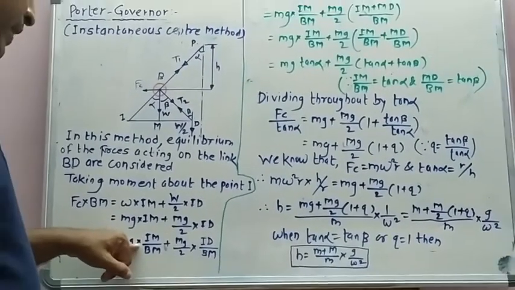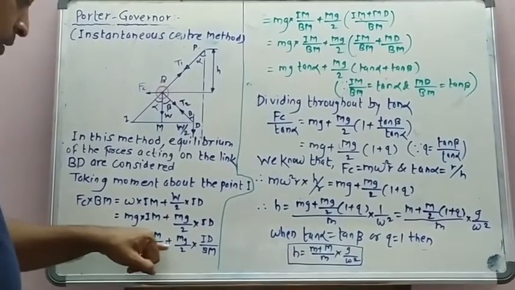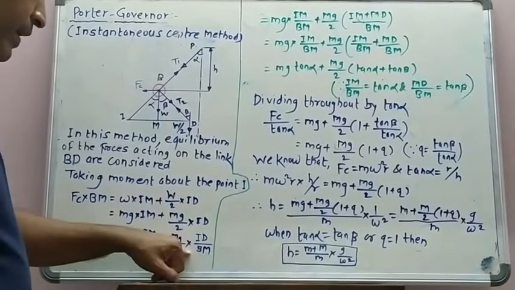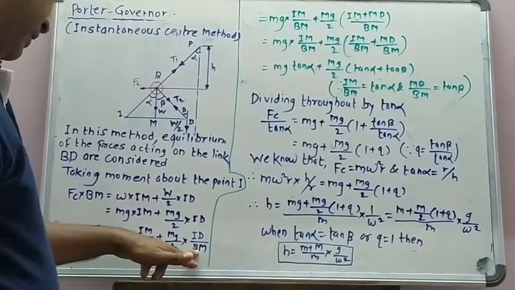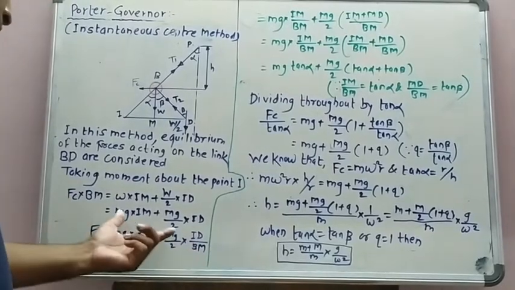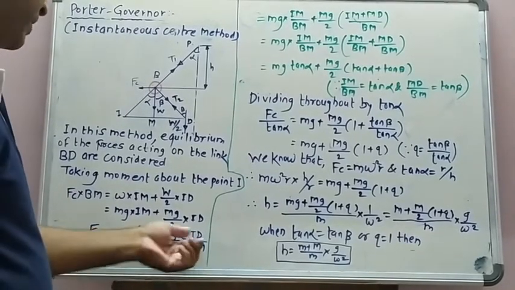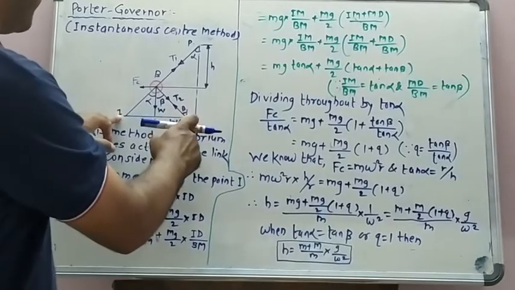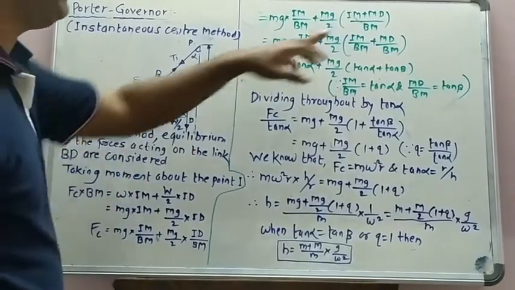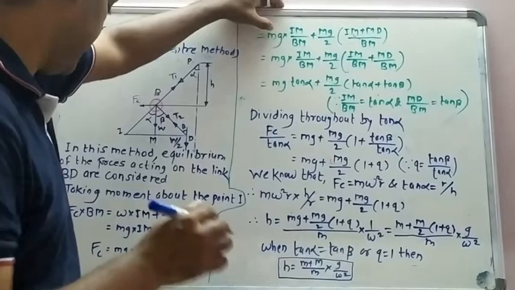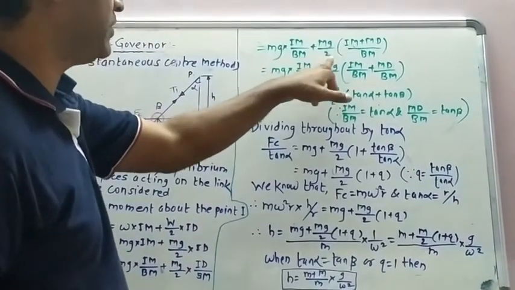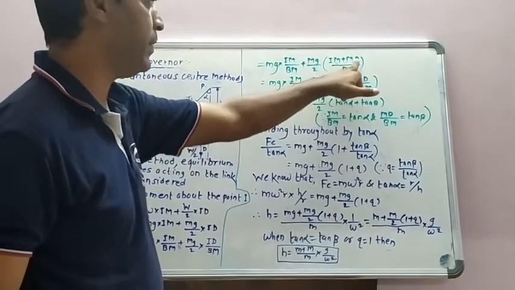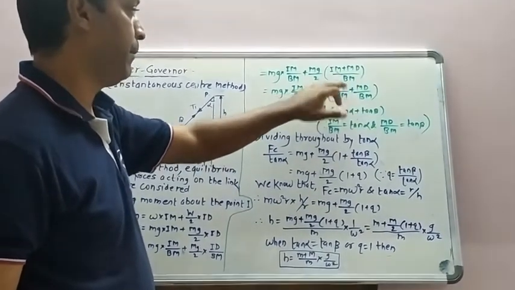So mg multiplied by Im divided by Bm plus Mg by 2 multiplied by this ID divided by Bm, which also comes here in the denominator. Now for further simplification, we know this ID is nothing but Im plus MD in this way. So mg multiplied by Im by Bm will remain as it is, plus Mg by 2 multiplied by Im plus MD divided by Bm.